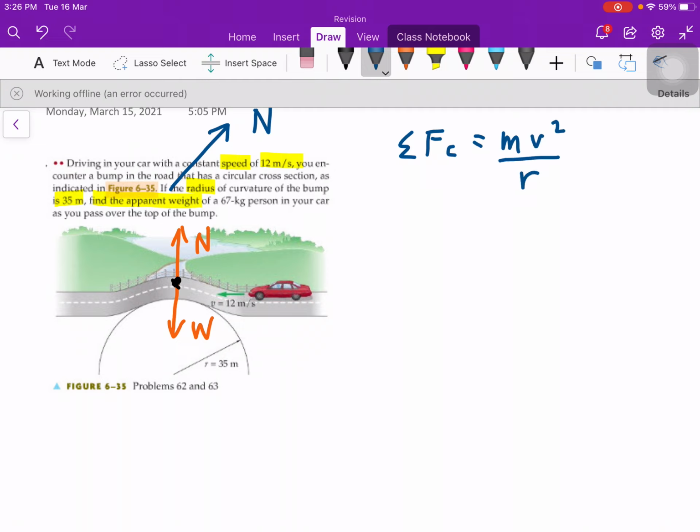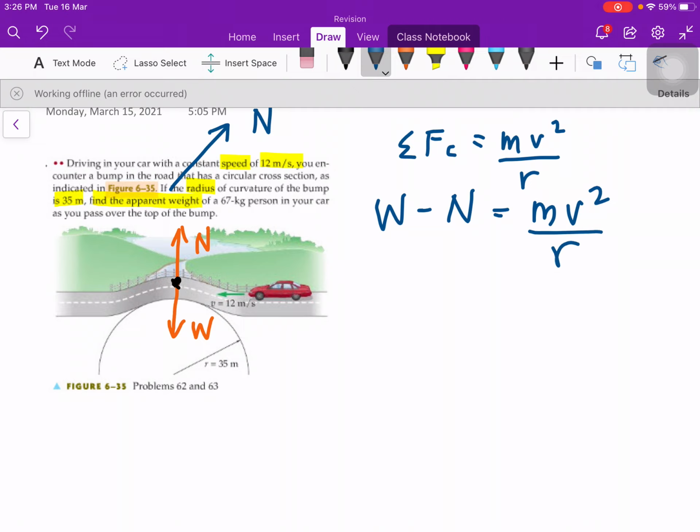Here in FC we have normal force and force due to weight. I prefer to make every force that is going into the circle positive, so I put W minus N equal to mv square over r.